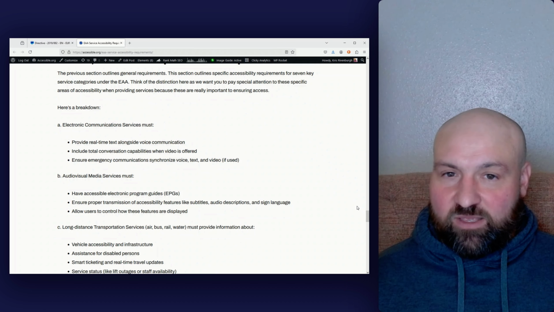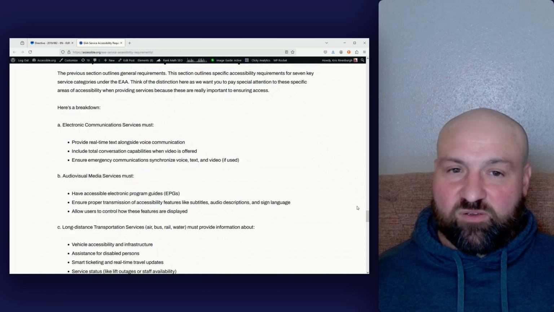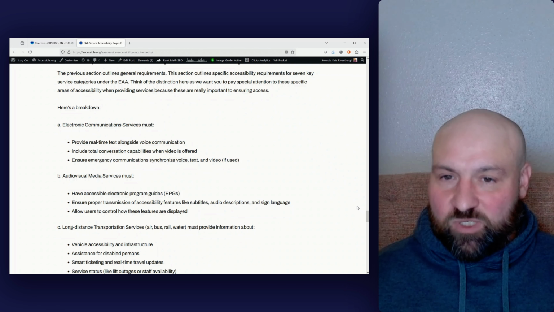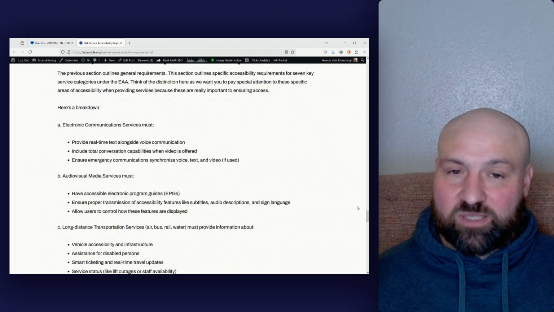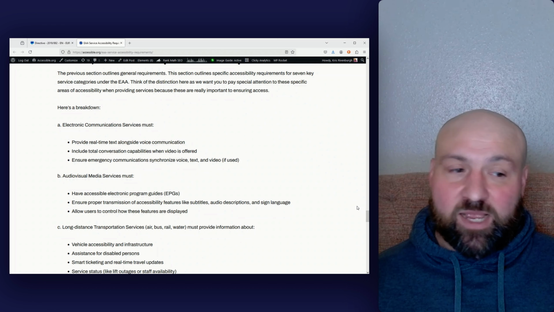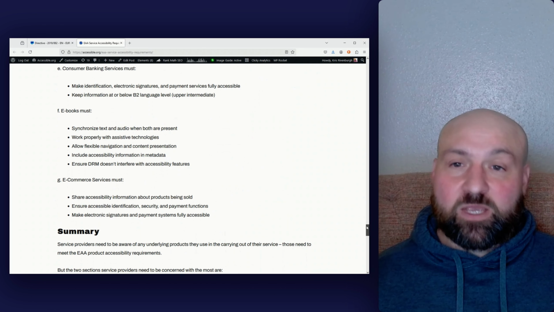So obviously this is meant to cover the majority of requirements under the EAA for service providers, but you always want to ultimately look at the directive itself for your requirements, but this is really a companion guide that's going to help you as you are working towards compliance.